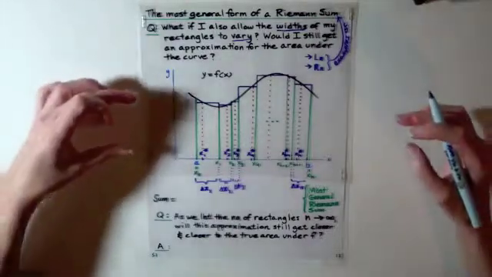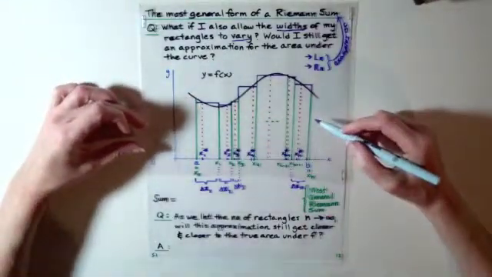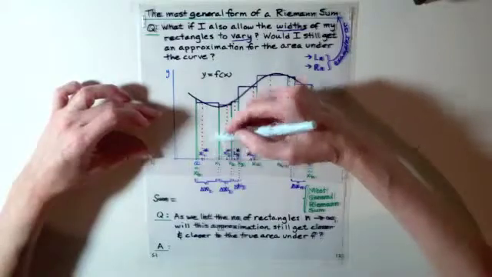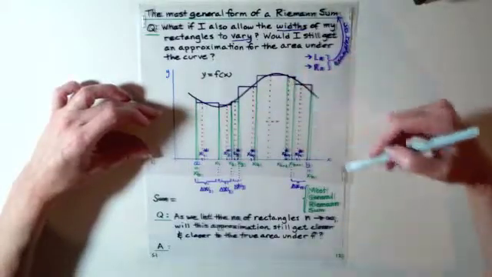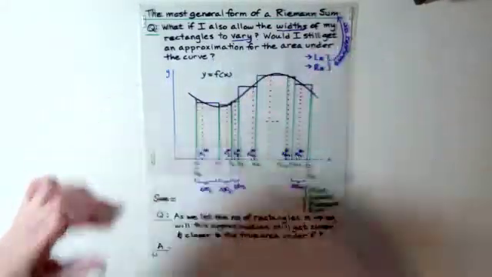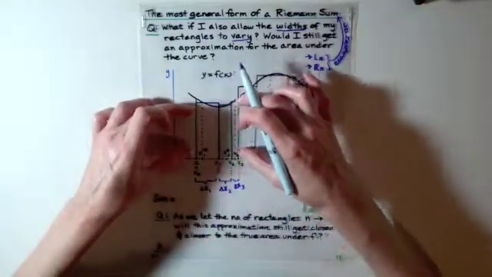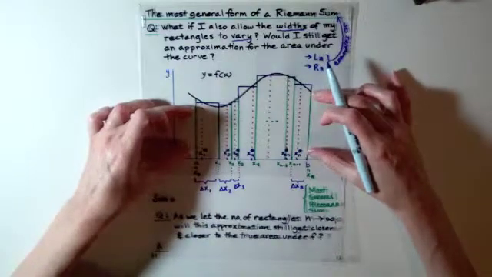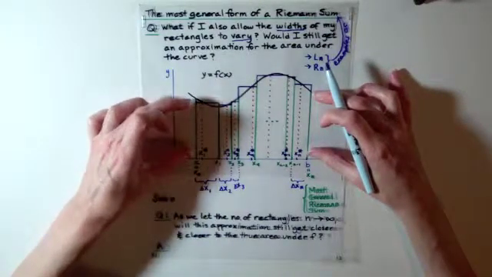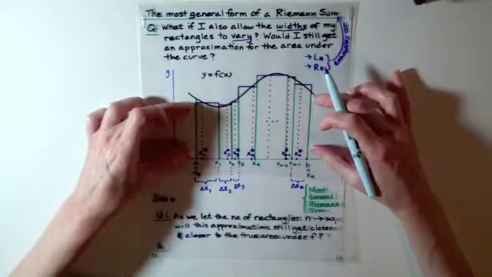Well, if I go ahead and create these rectangles, and I drew the rectangles in for us because it takes a while to do that, does it look like when I add up the areas of these rectangles that it will still give me an approximation for the area under the curve? And it does. When I add up these n rectangles, it does look like they'll be roughly equal to the true area under the curve, y equals f of x from a to b.